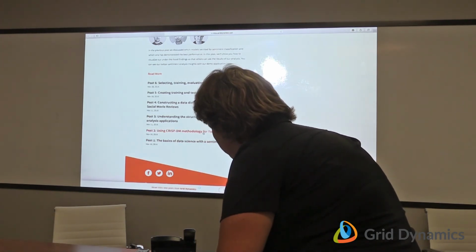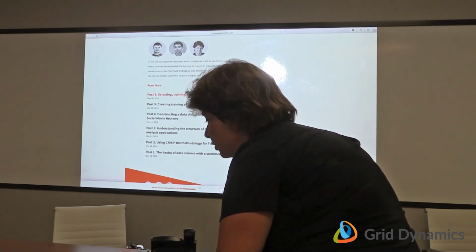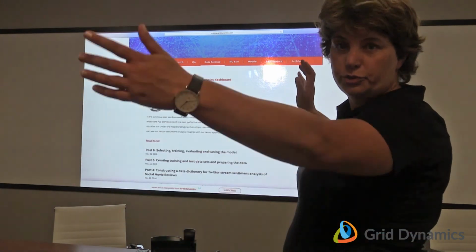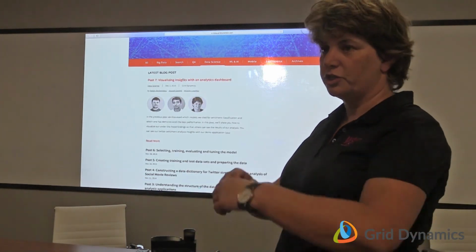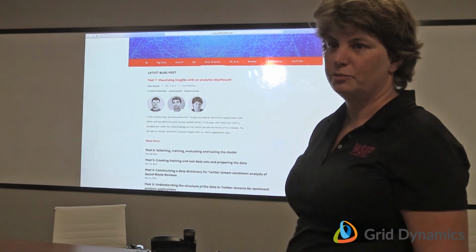We'll talk about Twitter sentiment analysis specifically. We'll talk about how to understand structure, how to create dictionaries, how to create training and data sets, how to select and evaluate models, and then how to visualize insight with the dashboard that you just saw. So we try to open up everything so that you could see the pieces and how they came together.